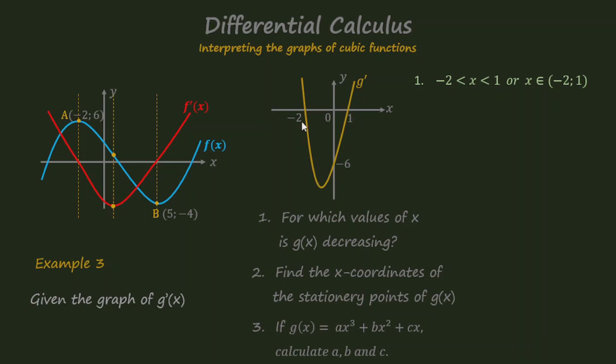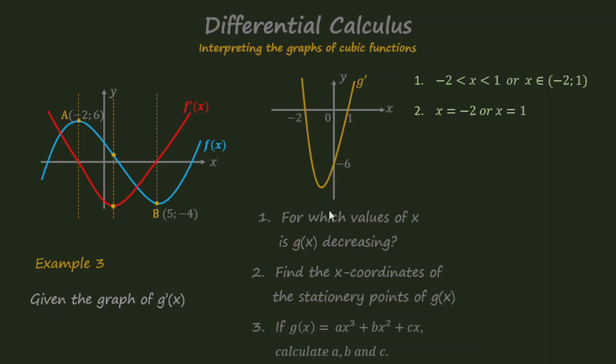Now we know that the x-intercepts of the derivative of g are actually the x-coordinates of the turning points of the original function. Therefore, the x-coordinates of the stationary points of g are simply -2 or 1.